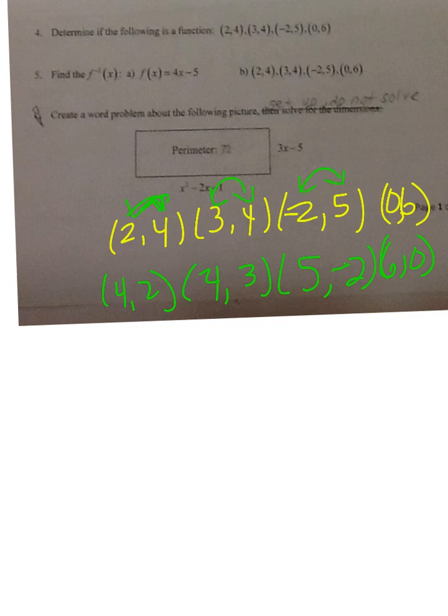Okay, so let's take a look at 5. All right, so it says to create a word problem using the picture and then set up. I told you guys to set it up, but don't solve it.